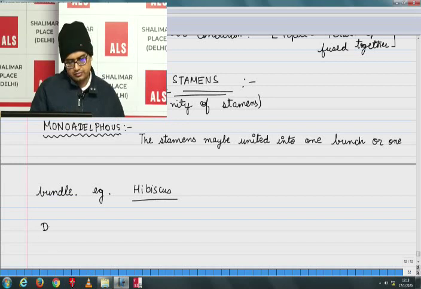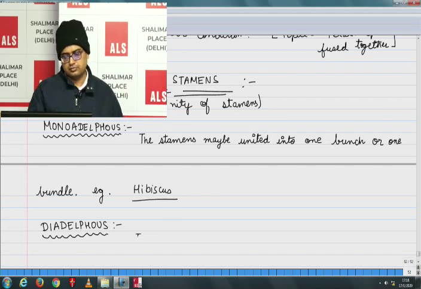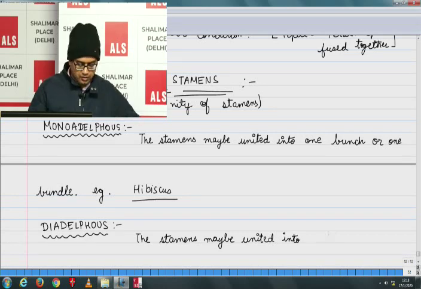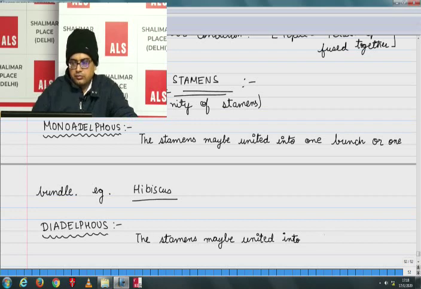Diadelphous condition: the stamens may be united into two bunches or two bundles.